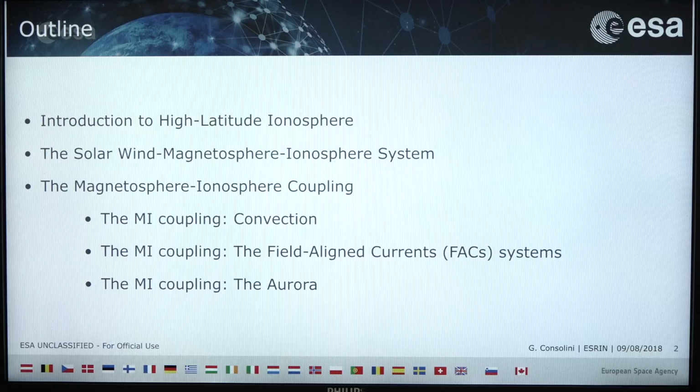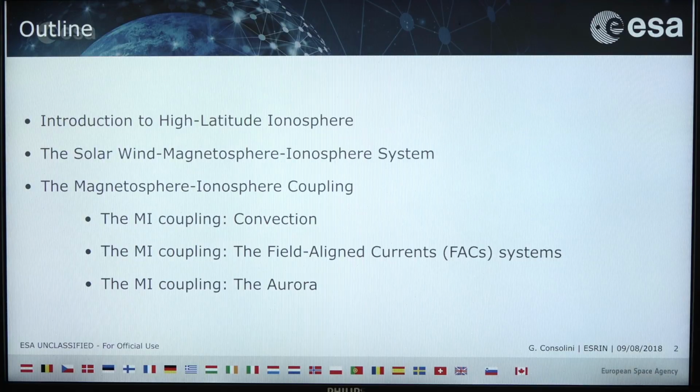Okay, so this is the outline, and I would like to briefly introduce to all the students the problem related with the high latitude ionosphere, so the structure of the high latitude ionosphere, and why it is important in terms of a more general aspect, the Sun-Earth relationship, because they are connected.